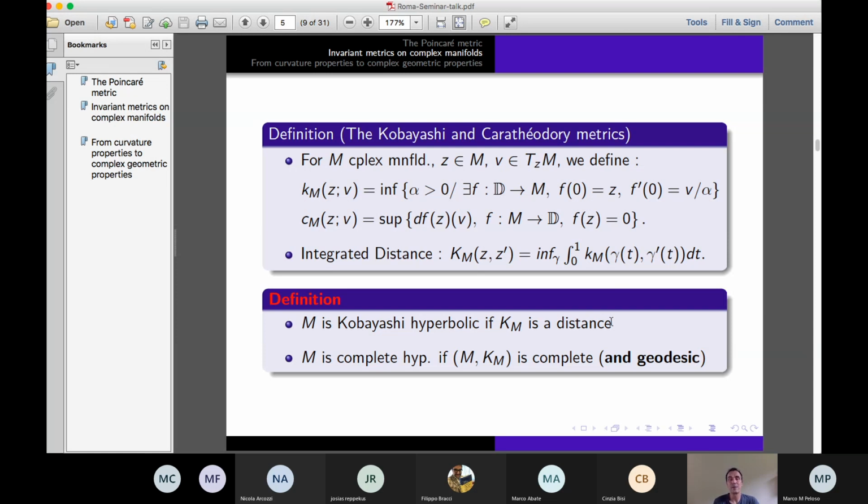Of course, you first need it to be really a distance for it to be complete. I just added also that it is geodesic. It's just because if it's complete, given that it's a length space, it will be geodesic, meaning given two points you can join them.